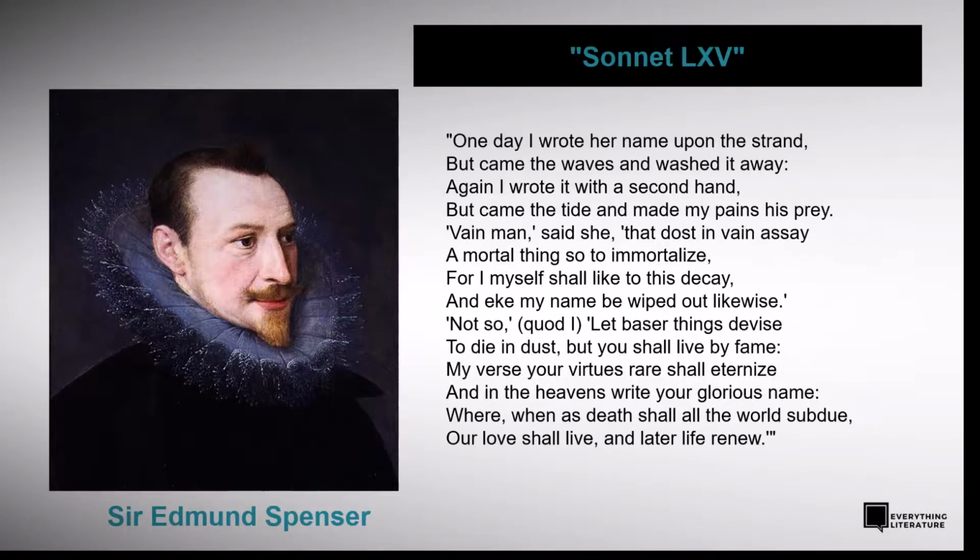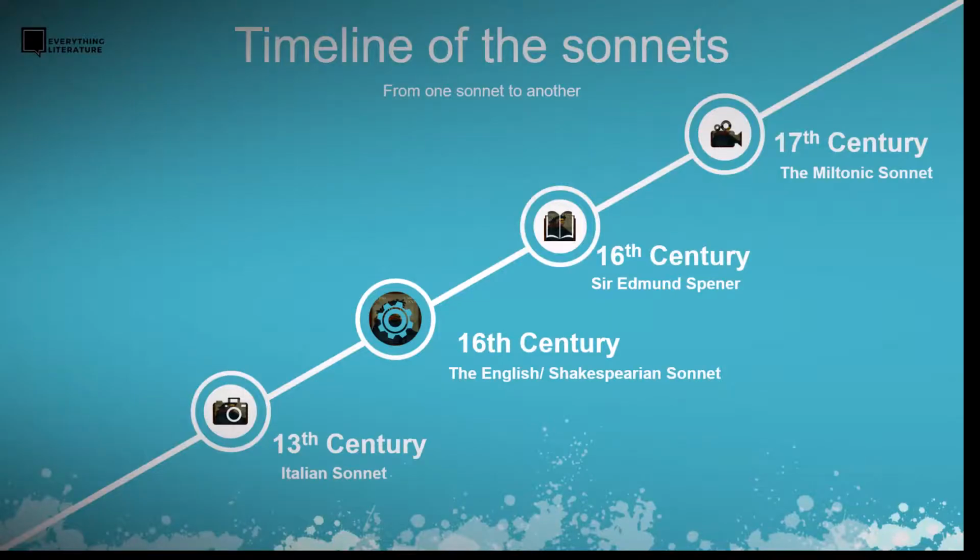Okay, so with that, here is a timeline of the sonnets. The first one happens to be the Italian sonnet, which was in the 13th century, followed by the Shakespearean or English sonnet, 16th century. Then we have Sir Edmund Spenser in the 16th century as well, just making slight modification. And we have the Miltonic sonnet in the 17th century.